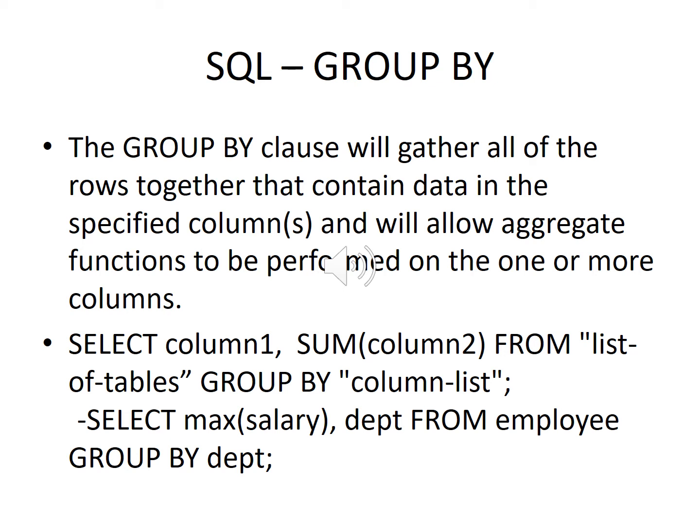Finally, we will group the results by the department. Understand that maximum salary will return just one number, and obviously you'll have multiple department records for each employee that works in that department. So in this case, group by department will show that number next to each unique department number.